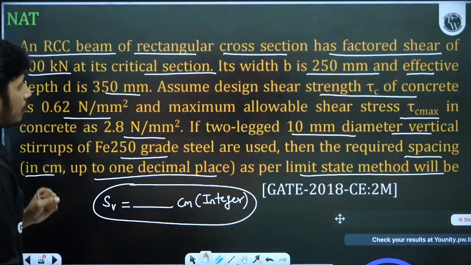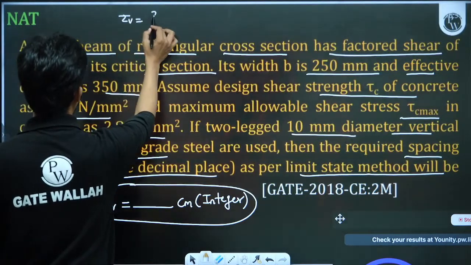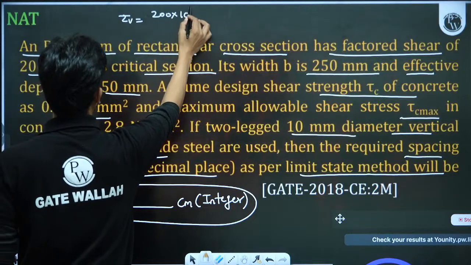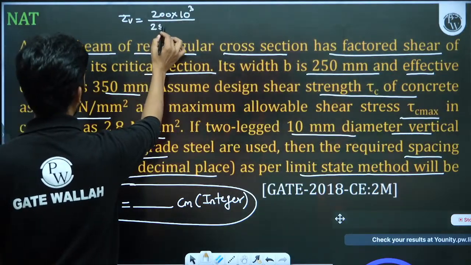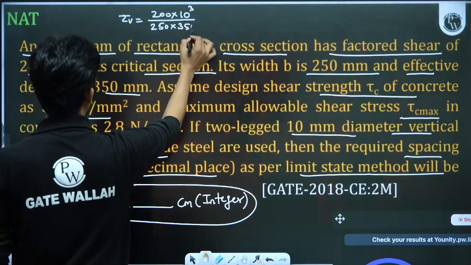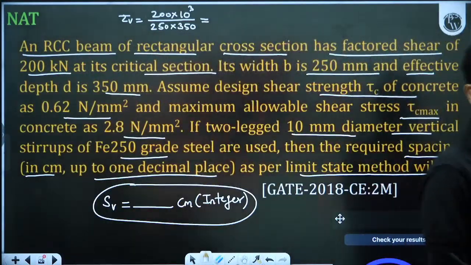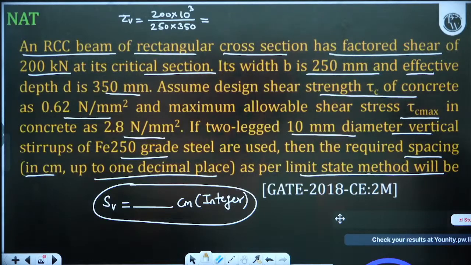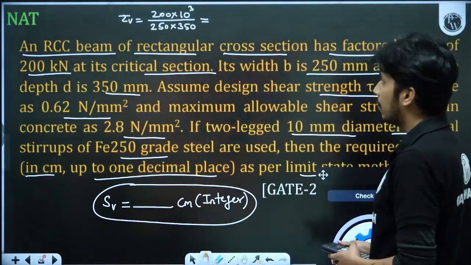The shear force is 200. So let us calculate tau v first. 200 into 10 raised to power 3 upon bd, what is the bd value? b is 250 width and effective depth d is 350. What is the tau v value? Let me also end the poll because a lot of time has passed.